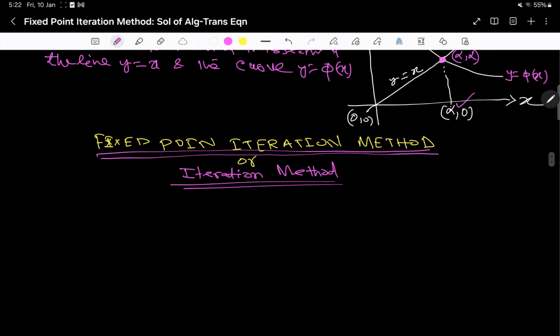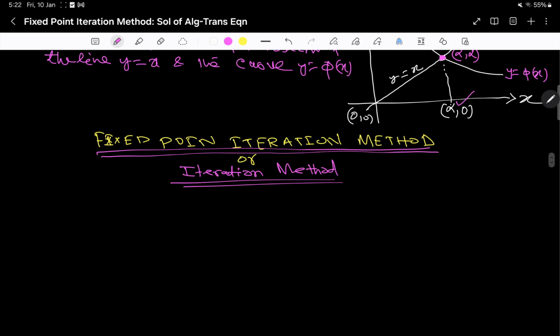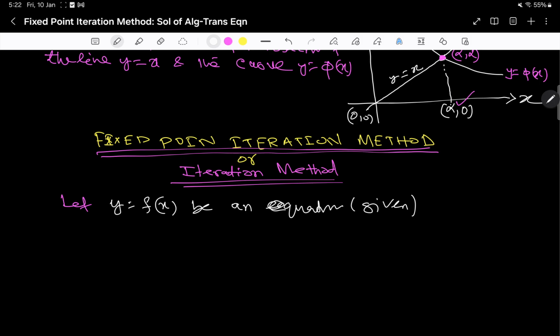Now coming to the fixed point iteration method, let y is equal to fx be an equation given to us. So we rewrite this equation as x is equal to phi x.